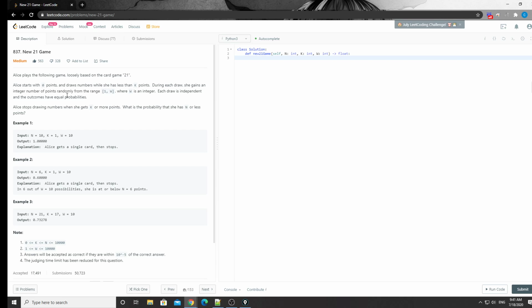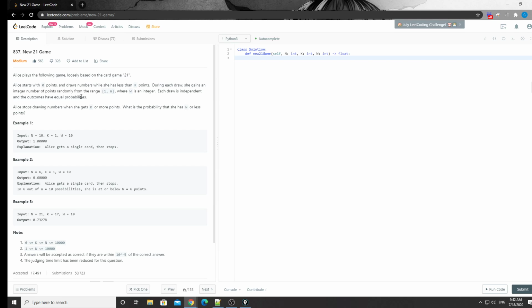And each draw is independent because after she draws any number from this range, basically she will put the card back. So each time's draw probability is the same. And Alice stops drawing numbers when she gets K or more points. And then it asks what's the probability that she has N or less points.